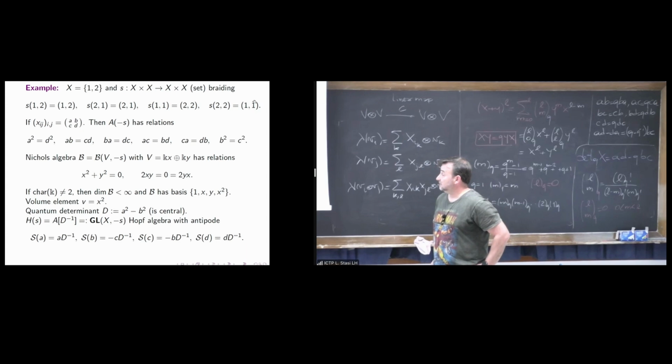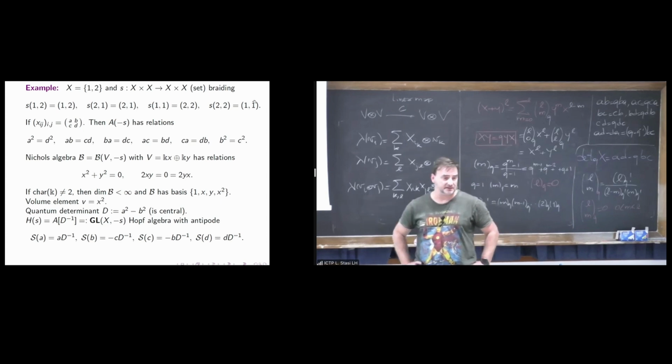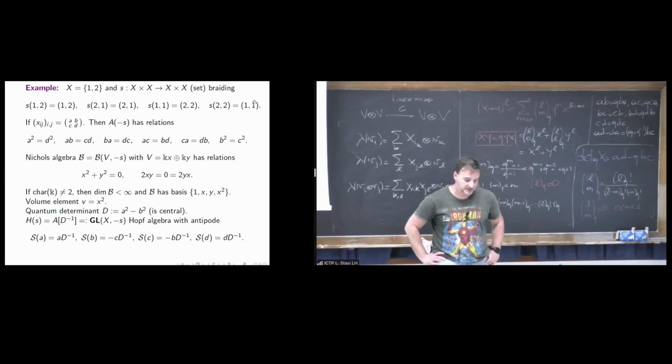I think that the paper of Bereznikov talks about Nichols algebras in this sense, in physics. And there's a paper of Lentner that appeared in Advances talking about Nichols algebras in physics and conformal field theory.